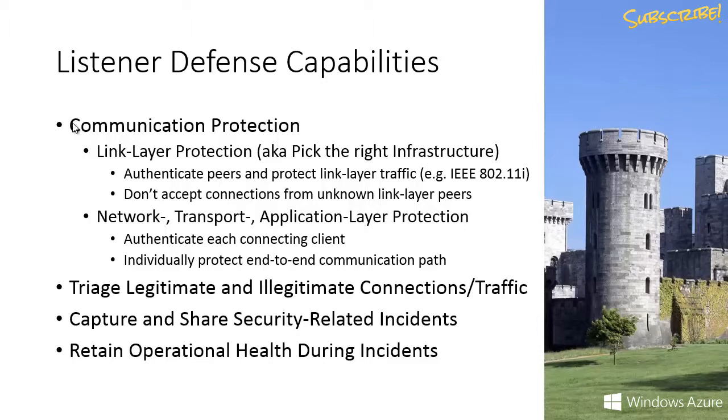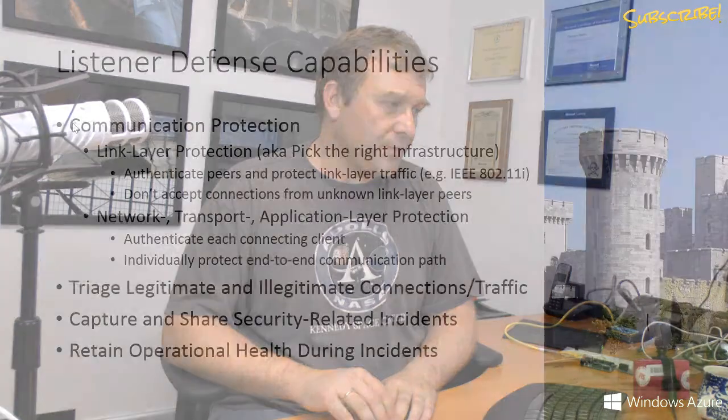So protecting those devices and having proper security is required, and triaging bad traffic from good traffic requires some form of authentication in place. You're required to do that if you're actively listening for traffic, because you need to triage that traffic out.